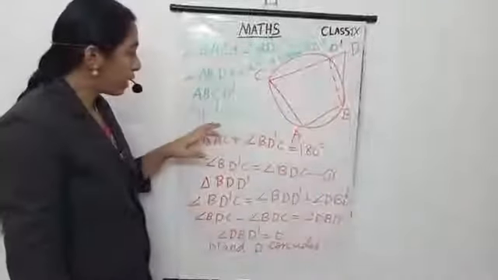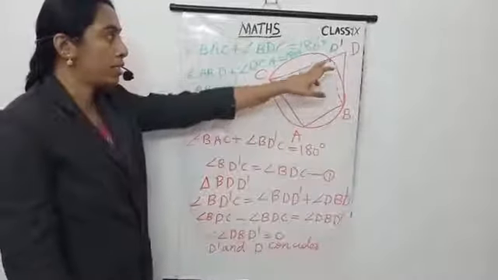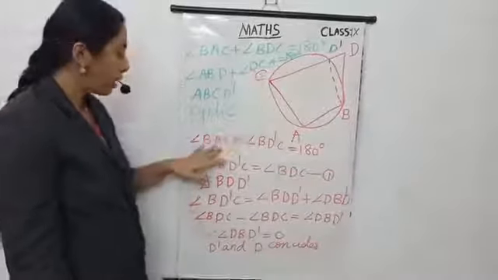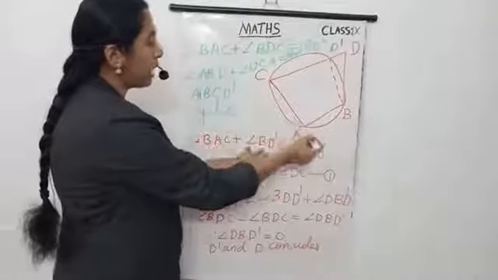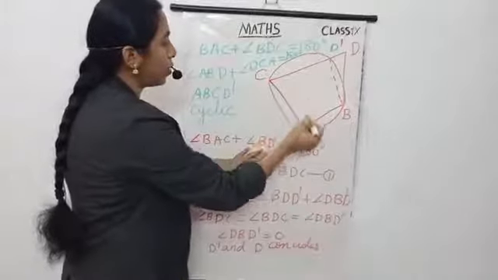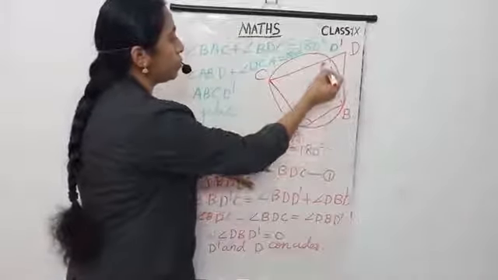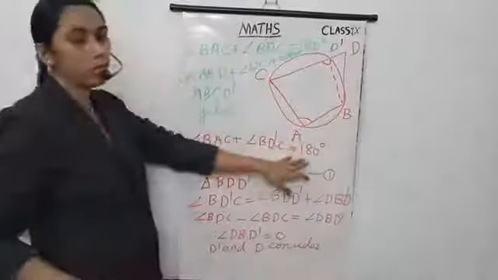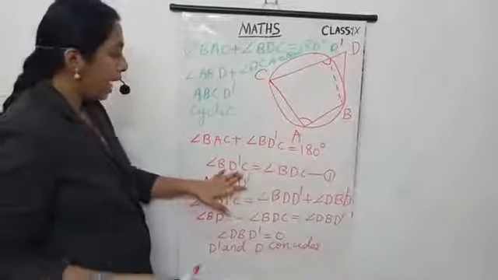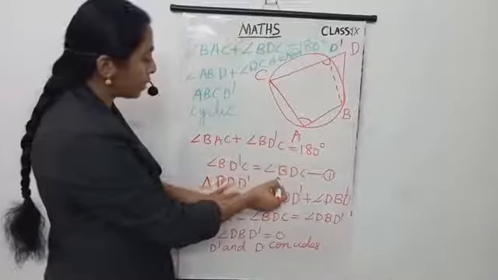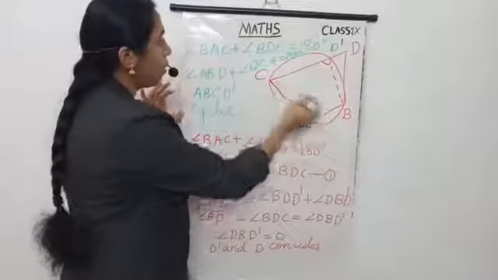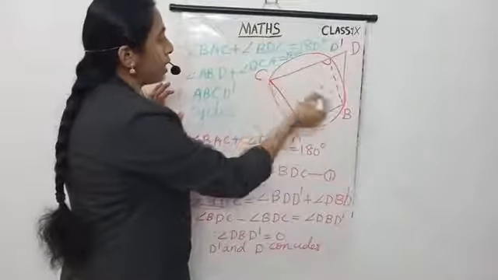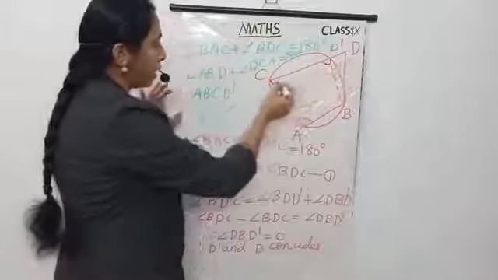Now consider ABCD dash. Angle BAC plus angle BD dash C equals 180 degrees, that is, these two angles sum to 180 degrees. Then angle BD dash C equals angle BDC.